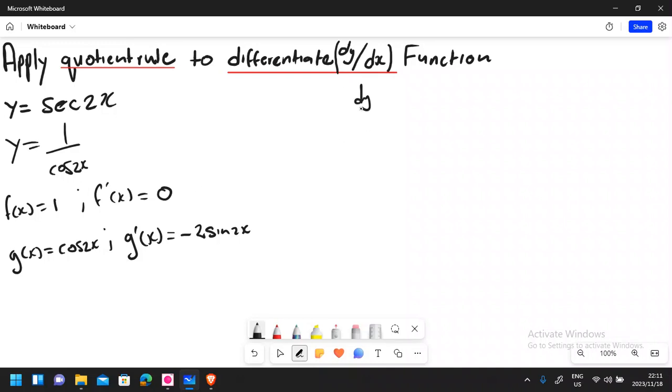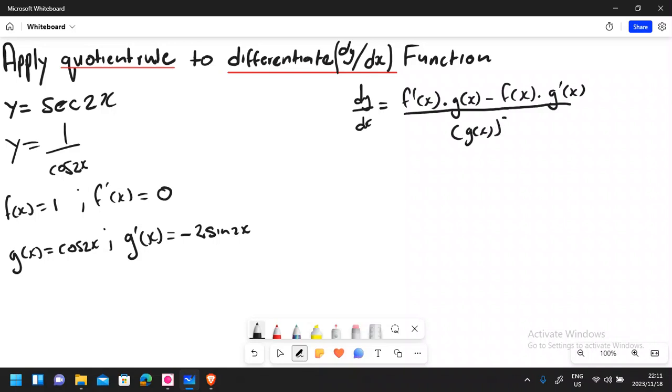So dy over dx is going to be the derivative of f of x multiplied by g of x minus f of x multiplied by the derivative of g of x, divided by g of x squared. Guys, this is the formula. Do not swap this. It's always like that. The first term has the derivative of f of x multiplied by g of x.